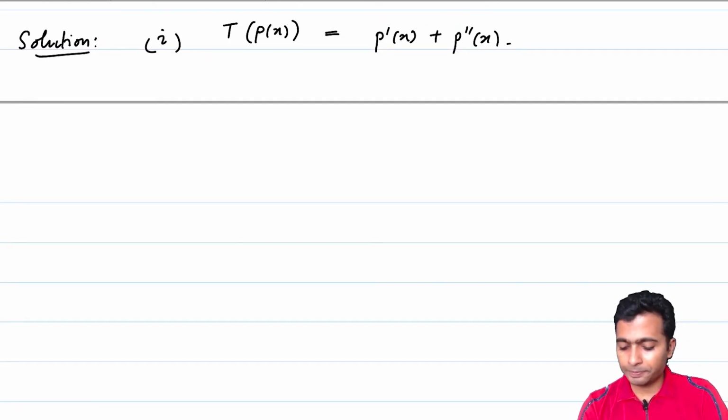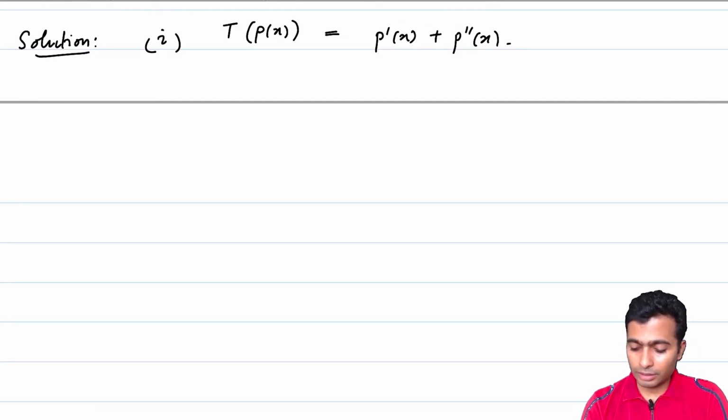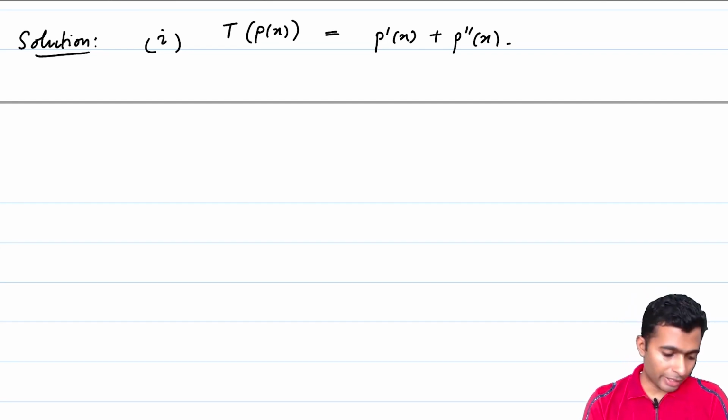Rather, let's discuss the strategy which we will be using to check whether T is diagonalizable or not. So when do we say that a linear operator is diagonalizable?